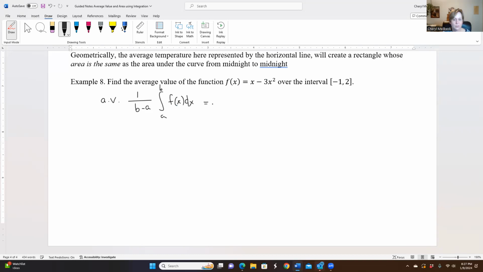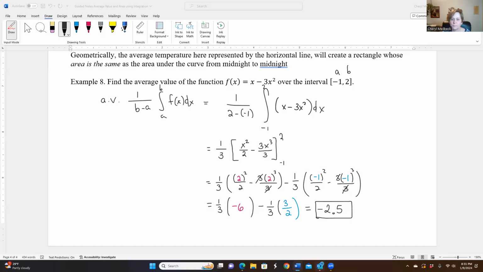For our case, a is -1 and b is 2. So we're going to have 1 over 2 minus -1, and we'll integrate from -1 to 2 of our function, which is x minus 3x squared dx. Give that a try, and we'll compare our answers. Pause the video and show your work.